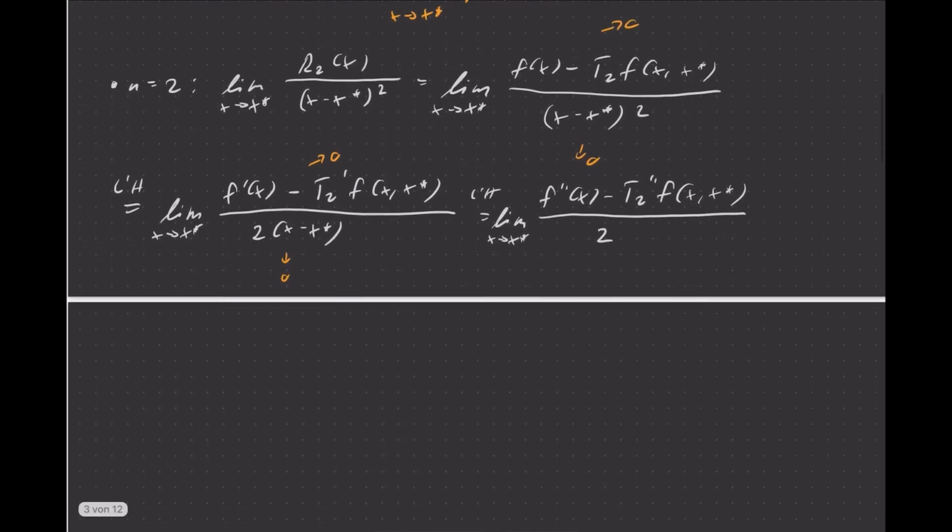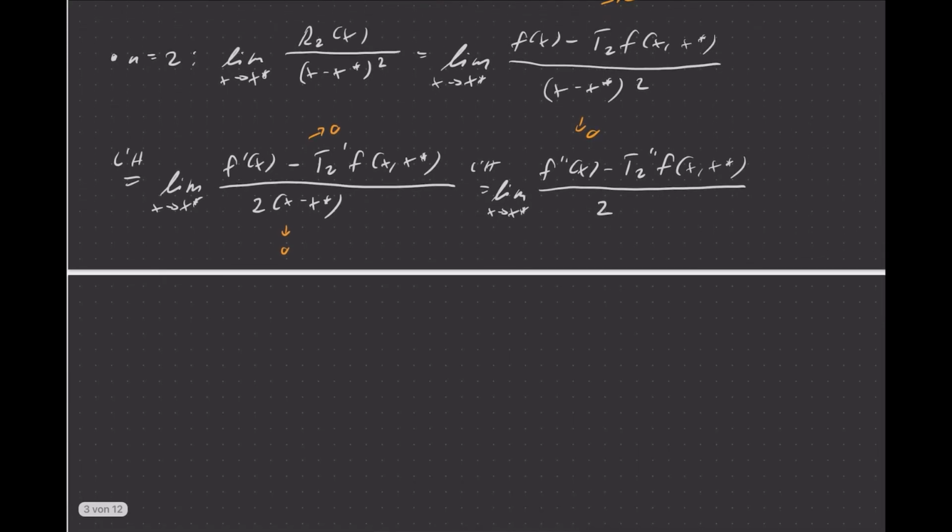And now we can easily make that computation. Of course, this limit of f double prime divided by 2 as x tends to x star will simply be the same thing as f double prime at x star over 2.